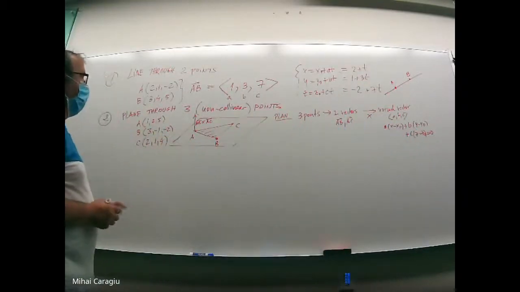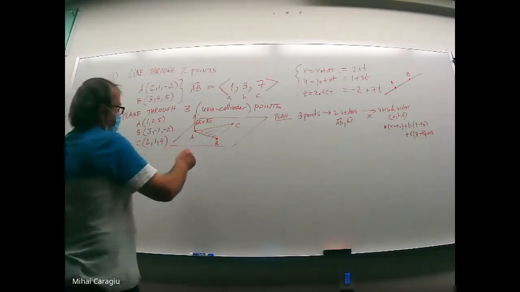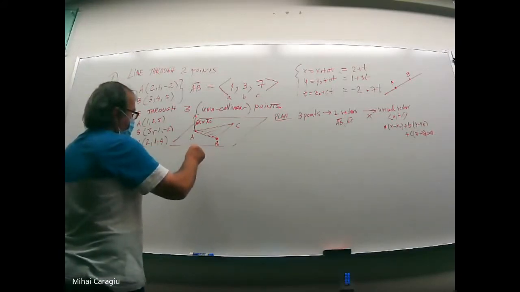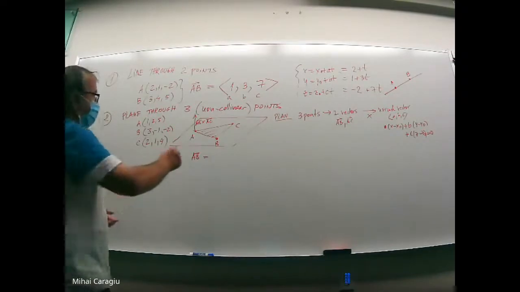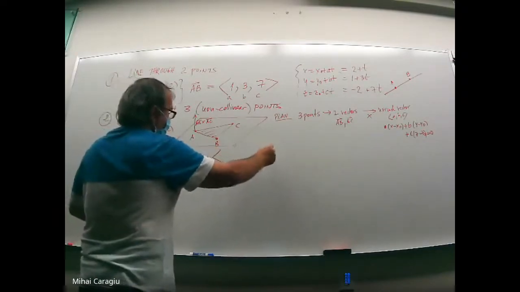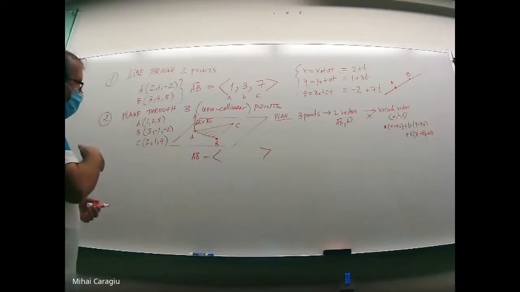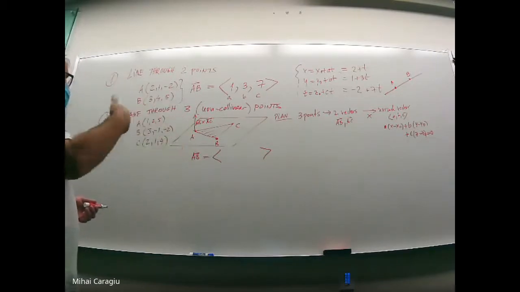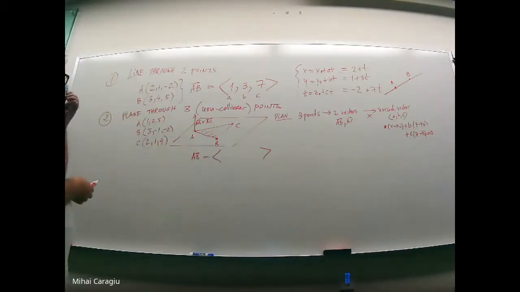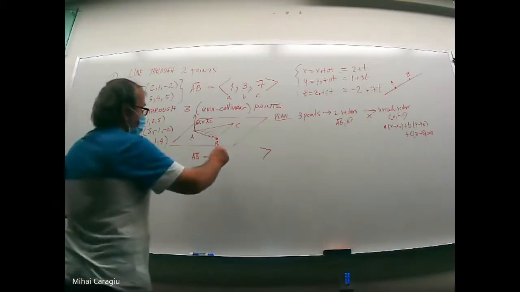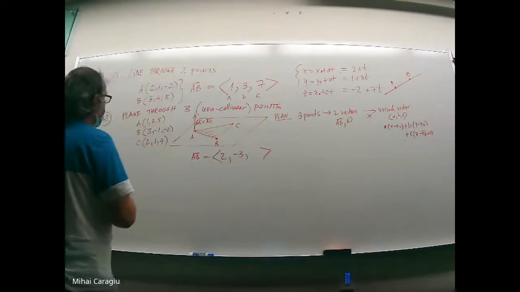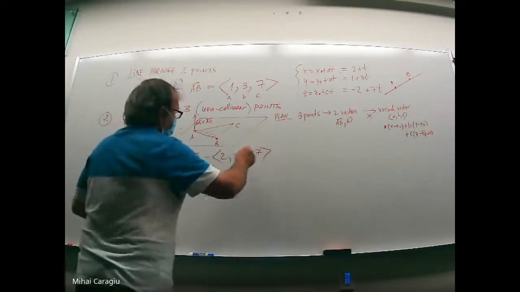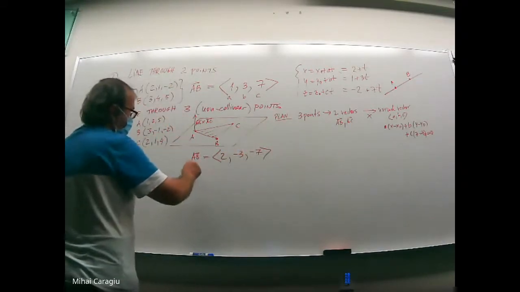Okay, so let's try to solve it. What's vector AB? AB is B minus A, symbolically speaking. So x coordinate of B minus x coordinate of A, y of B minus y of A, and z of B minus z of A. So 3 minus 1 is 2, -3, and -7. What about AC?